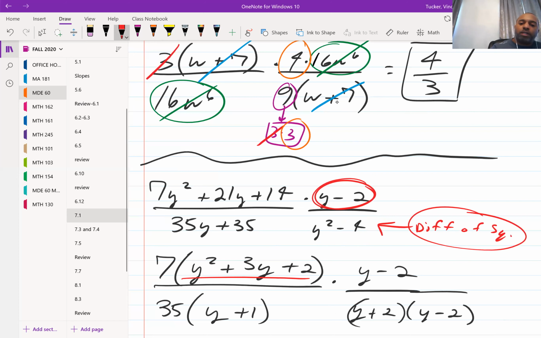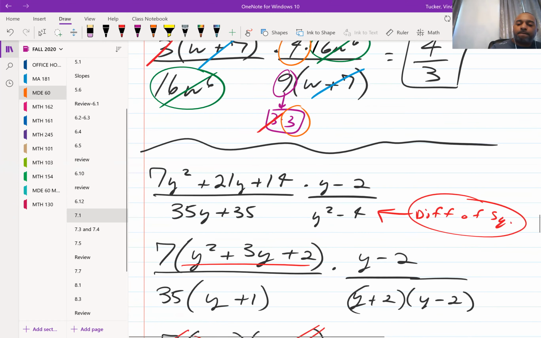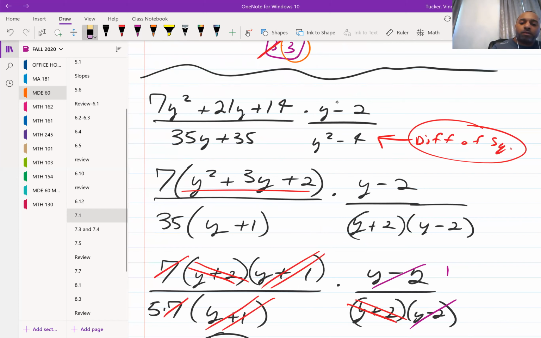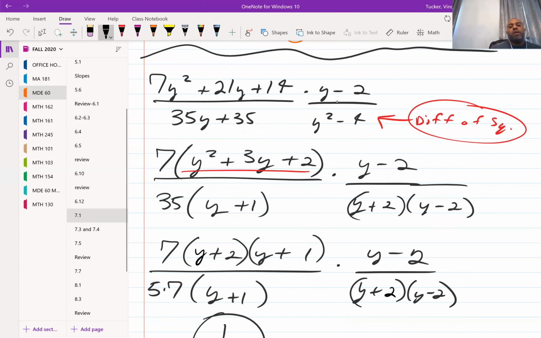There was nothing I can do with this numerator, so I left it as y minus 2. All right, so this trinomial can be factored. It factors out to y plus 2 times y plus 1.